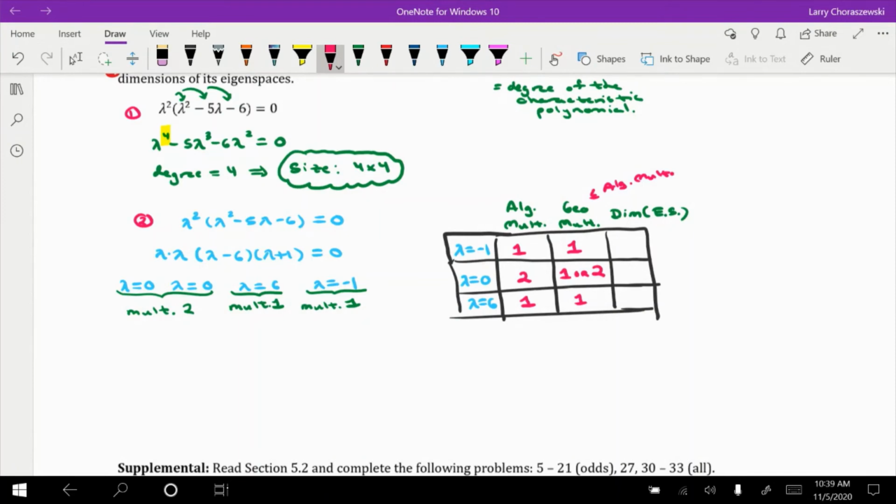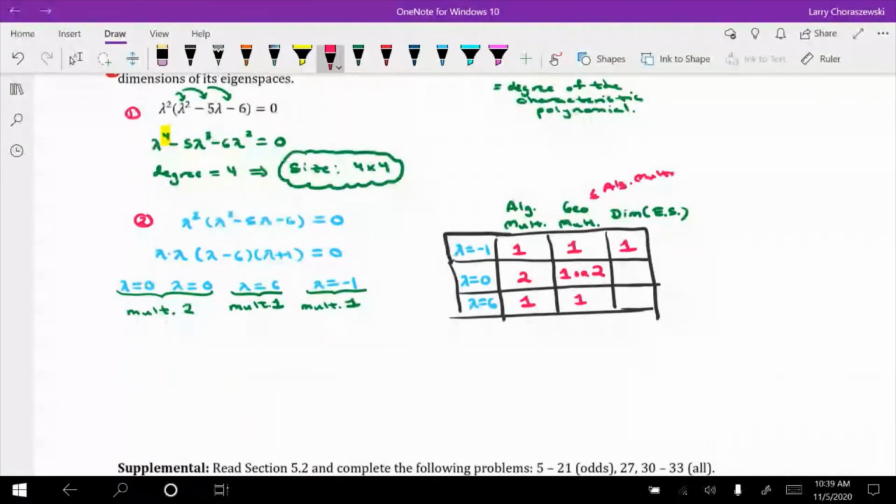So remember, the geometric multiplicity would tell you the number of basis vectors for the corresponding eigenvalue. So with lambda equals -1, since the algebraic multiplicity is equal to the geometric multiplicity, we would be guaranteed one basis vector for the eigenspace for lambda equals -1. So the dimension of the eigenspace would be 1. As for lambda equals 0, it's kind of a toss-up until we actually hunt down the basis vectors.